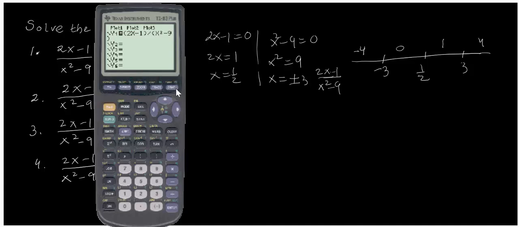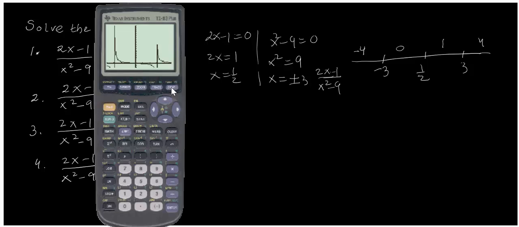All right, now graph it here, and let me check the window so that I have enough space. I need -3 there, so let me put -4 to 5, that will be enough, and graph it.